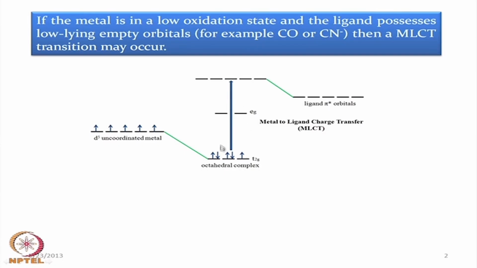These are not allowed transitions, but due to vibronic coupling or some other relaxation of the Laporte selection rule, we can have a certain amount of transition which can be considered as d-d transitions.